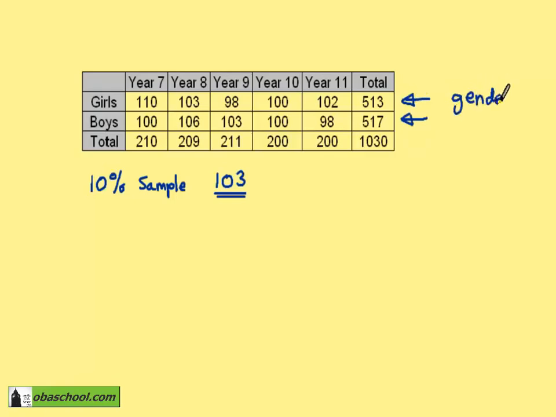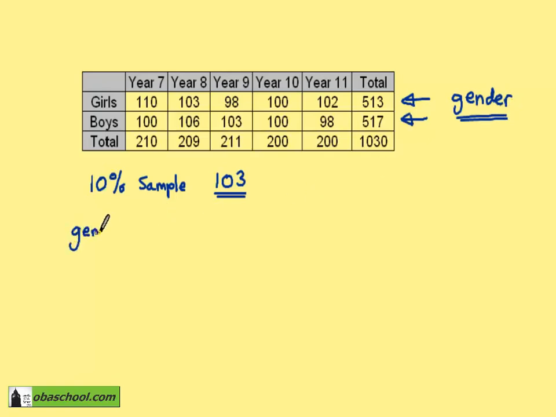In other words, we're stratifying by gender. What do we even mean by this? We could be asking a question which is likely to be answered differently by girls and boys, and therefore we want to ensure that we get a proportionate number of each in our sample.